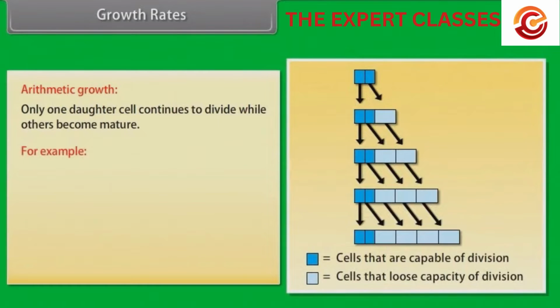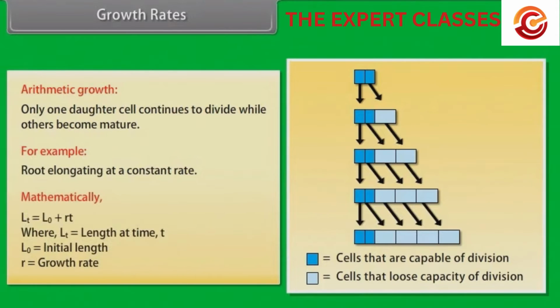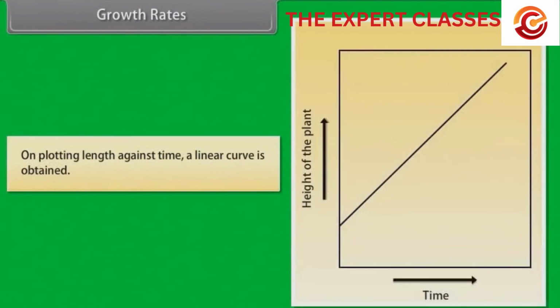For example, root elongating at a constant rate. Mathematically, Lt = L0 + rt, where Lt is length at time t, L0 is initial length, r is growth rate. On plotting length against time, a linear curve is obtained.